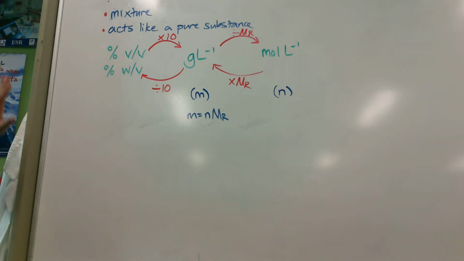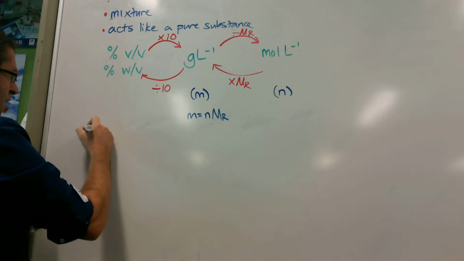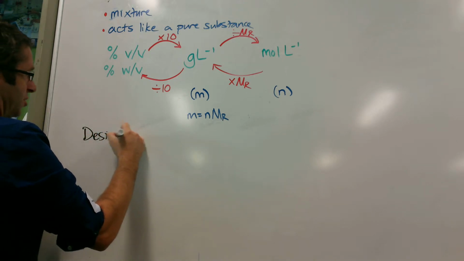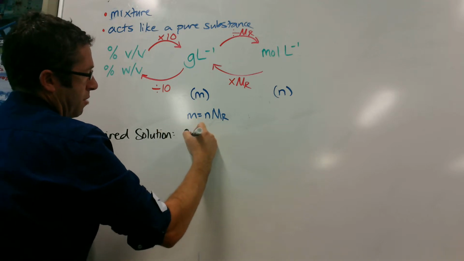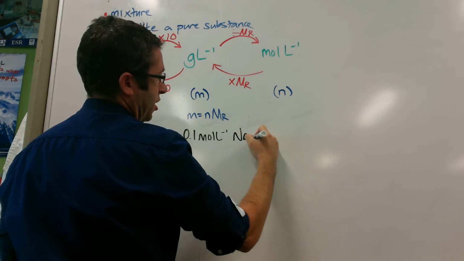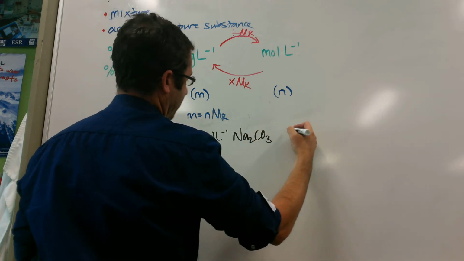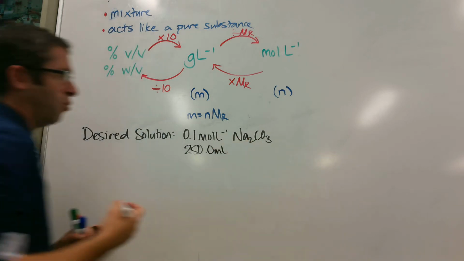Okay, so what we did in our experiment is we were told we wanted a solution of a certain concentration. We were after our desired concentration or desired solution, which was 0.1 moles per litre of anhydrous sodium carbonate dissolved in 250 mils of water.